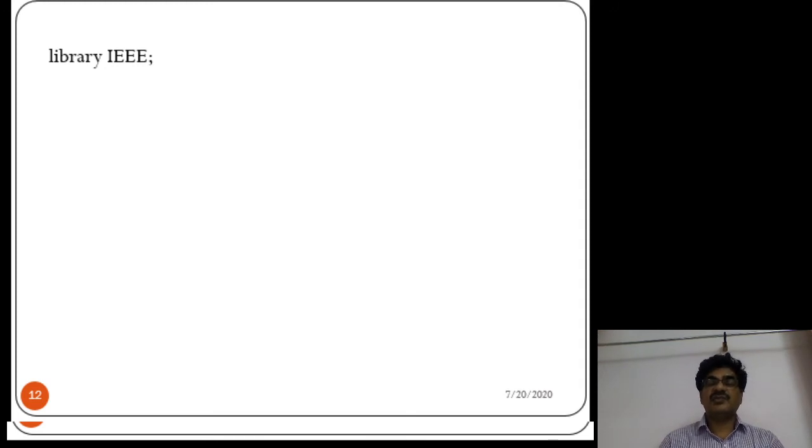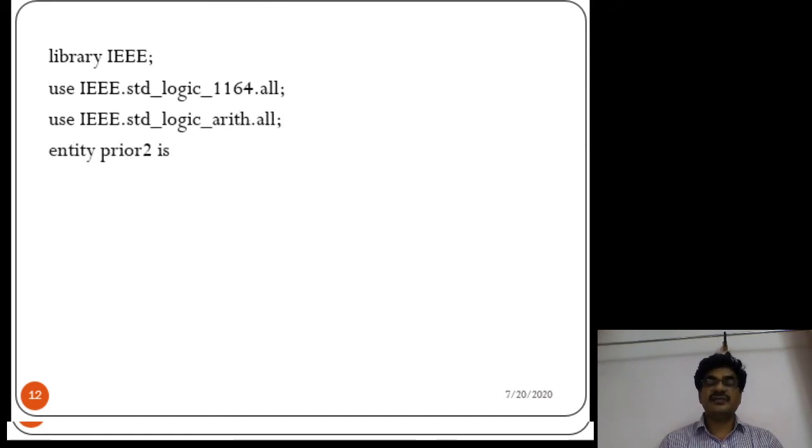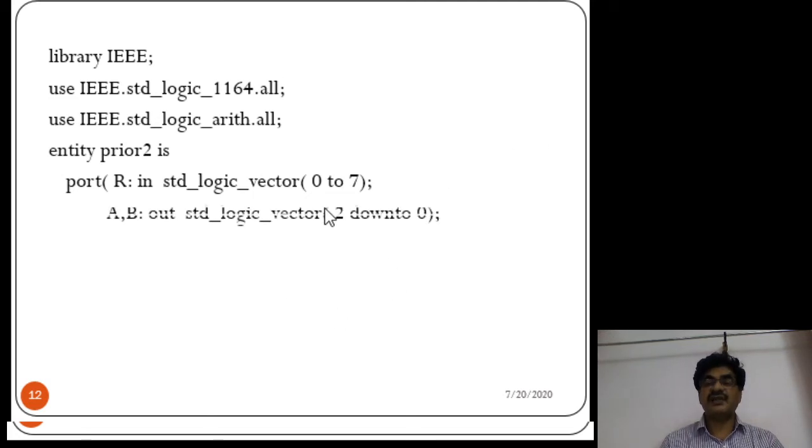As usual the program starts with library IEEE, then use, after that the entity declaration, entity priority 2 is port: the input is an 8-bit number, that is R, std_logic_vector 0 to 7, then A, B out std_logic_vector 2 down to 0. A is to show the first priority input, B is to show the second priority input.